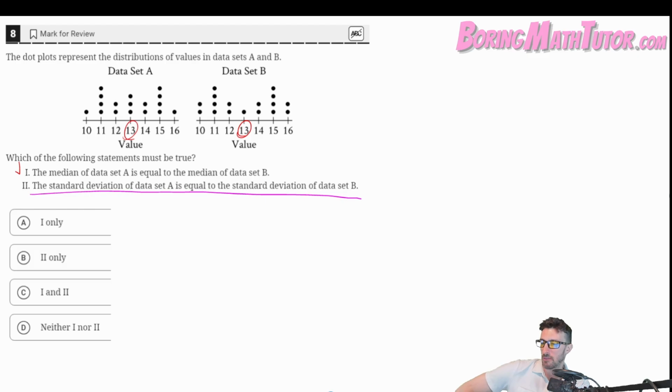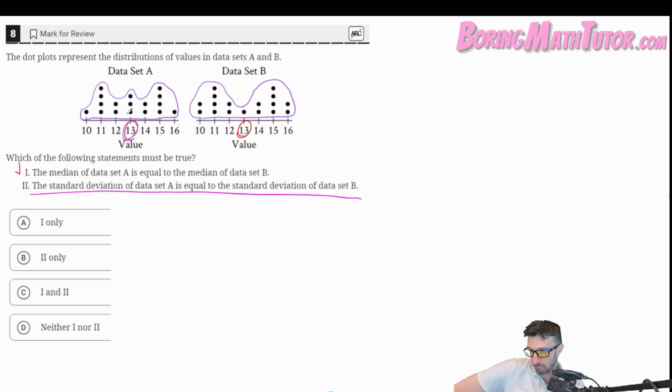You can visually see this. Over here, things are not as spread out away from the 13 as they are over here. Over here, it looks like you have more stuff that is spread out away from the 13.